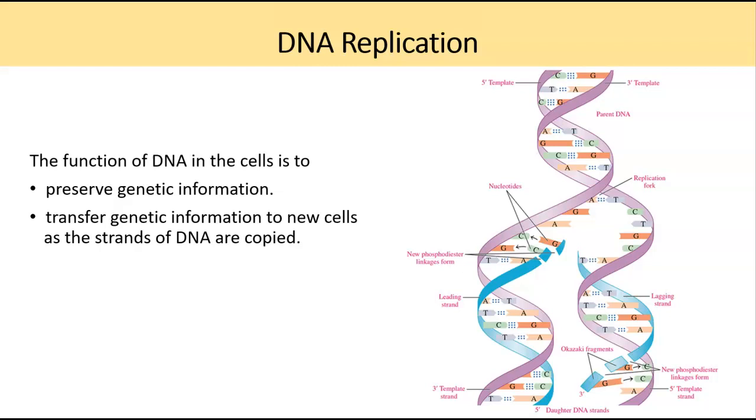Now, it's very important for this genetic information to be transferred to the new cells. And how is it transferred? It is transferred as a new copy of the DNA molecule. For example, if there are a certain number of DNA molecules in a cell, those will be copied and the same set of DNA molecules will be sent to the new cells.